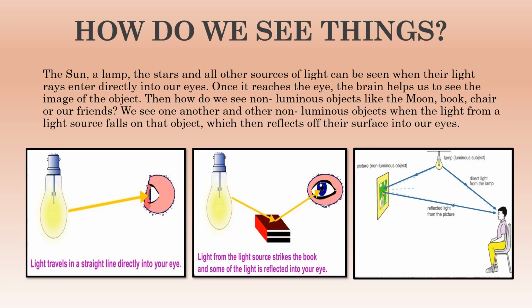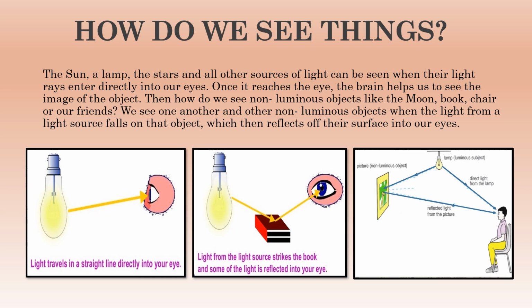The third figure shows you both, that is, how a luminous object like the bulb is seen by us and how the non-luminous object, that is the picture, is seen by us.